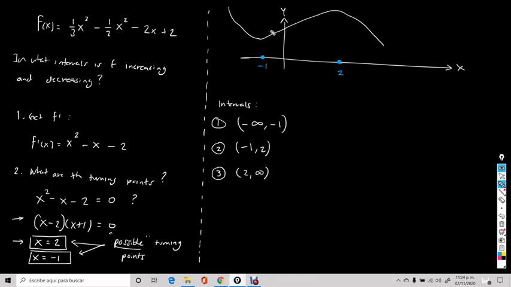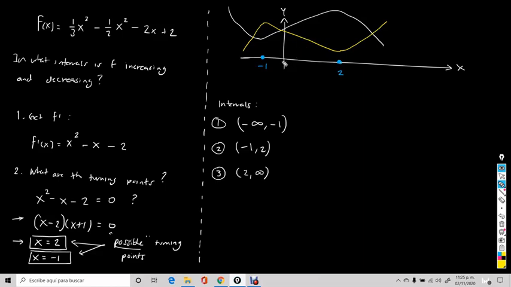Now, it could look like this, but it also could look like this: increasing, and then at this point, it goes decreasing, and then at this turning point, we get increasing behavior again. So how do we know which one is it?